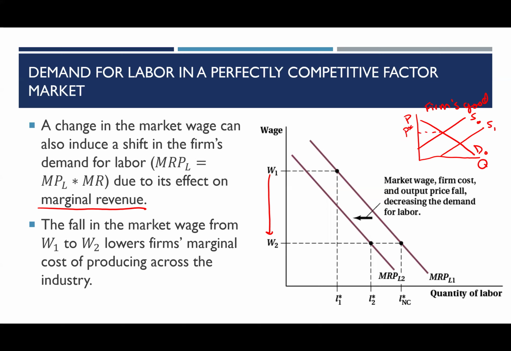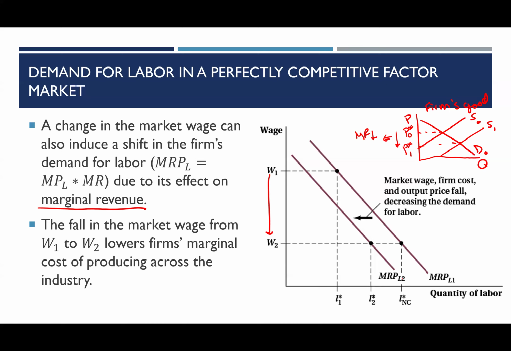And so we're going to see that the price they get for their product falls, which means that their marginal revenue falls. And so we're going to see a shift in their marginal revenue product curve back down and to the left.